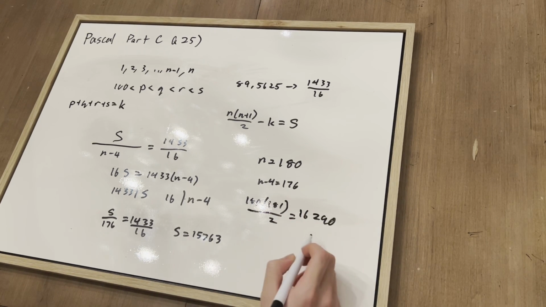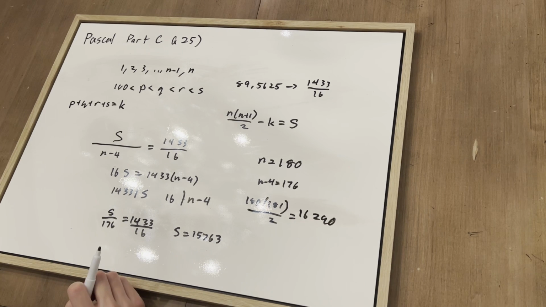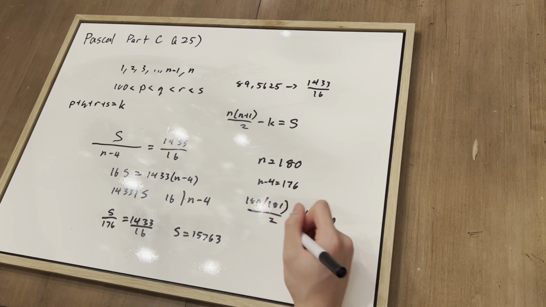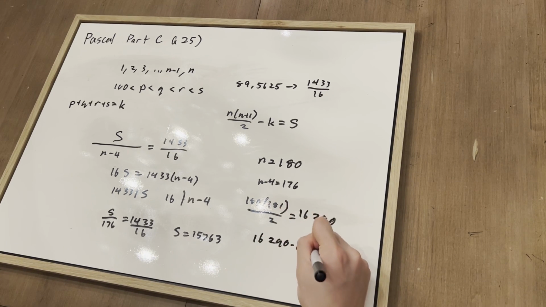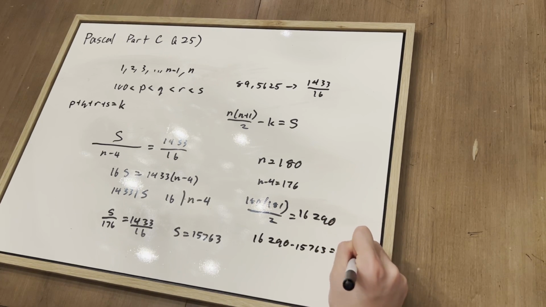Then what we can do is to take 16,290, which is the original sum, minus 15,763, which is the sum after we take away the 4 integers. What this gives us is the sum of the 4 integers, and if we actually carry out that, we get a final value of 527.